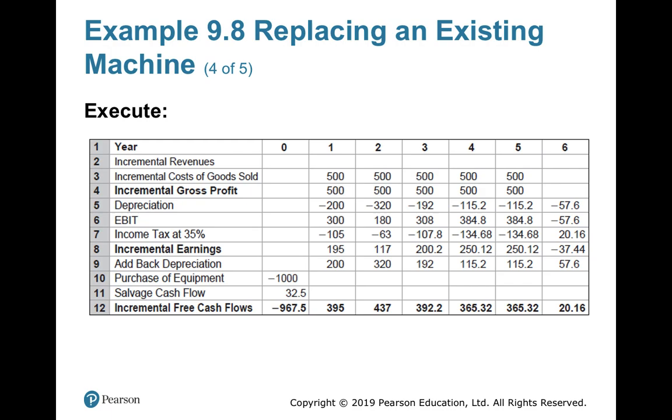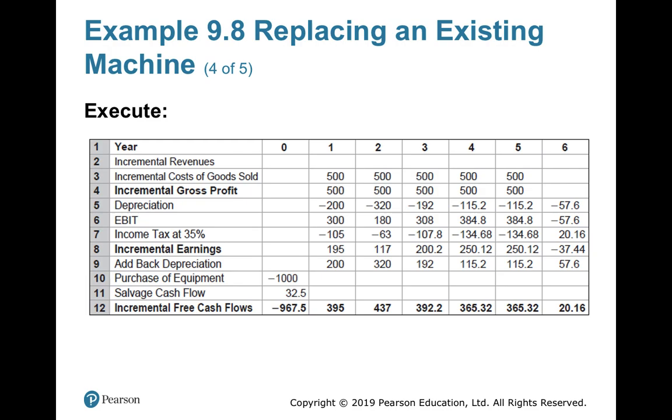Let us see them. Add back depreciation on MACRS basis, whatever you deducted there, add back: 200, 320, 192, 115.2, 115.2 and in the 6th year, 57.6. So we have added back the depreciation, the first adjustment to get free cash flow.